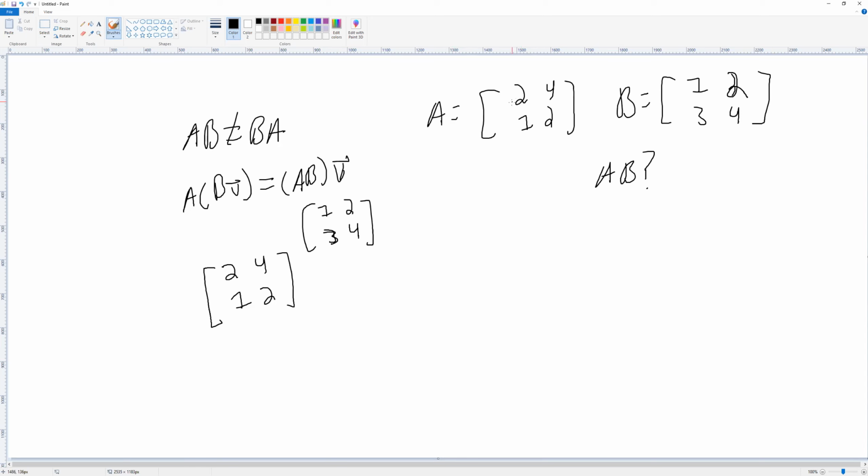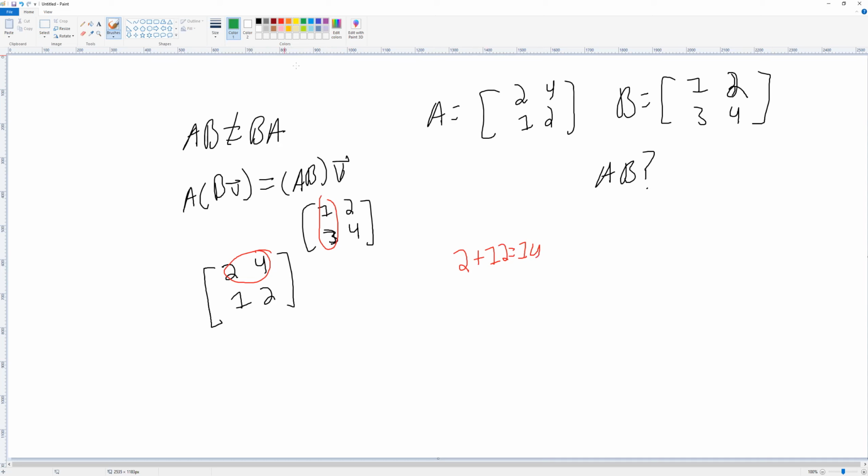Starting with row 1 of A and column 1 of B, which I'll do in red: 1 times 2 equals 2, plus 3 times 4 equals 12. That's going to be equal to 14.